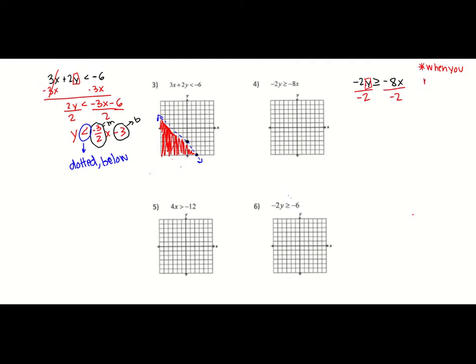when you multiply or divide by a negative number, you must flip the sign.